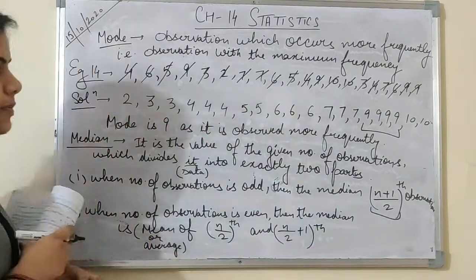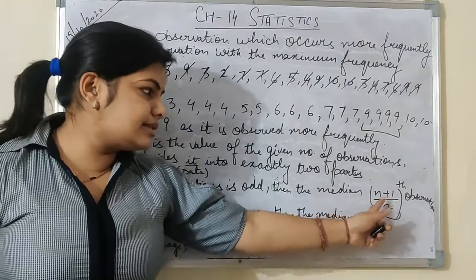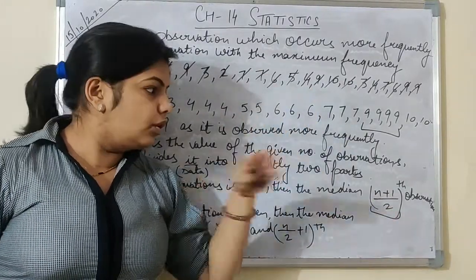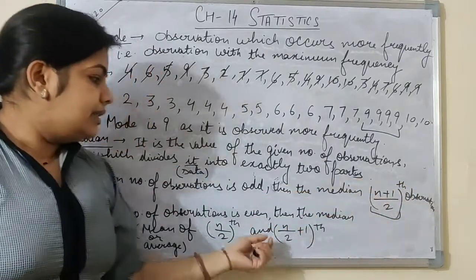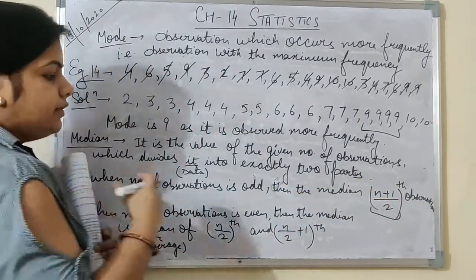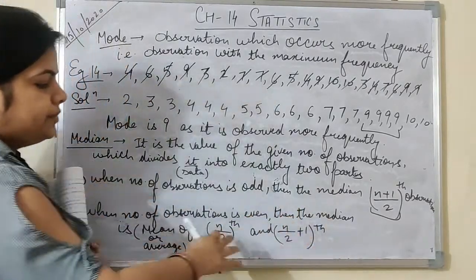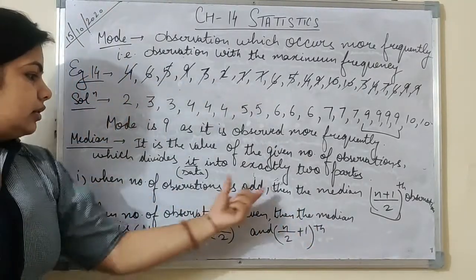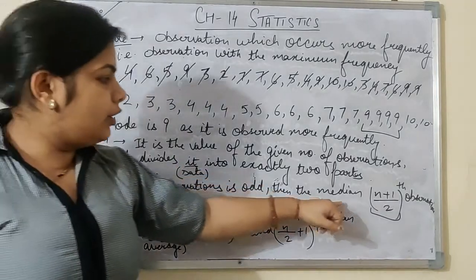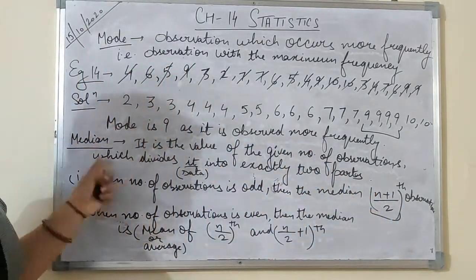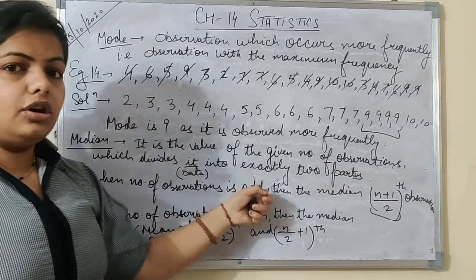Now here is the difference. This one is the (n plus 1) by whole 2th term, and in this case we first do n by 2 and then add one and find that observation. Here, directly whatever observation comes from this number will be the median of the odd data.